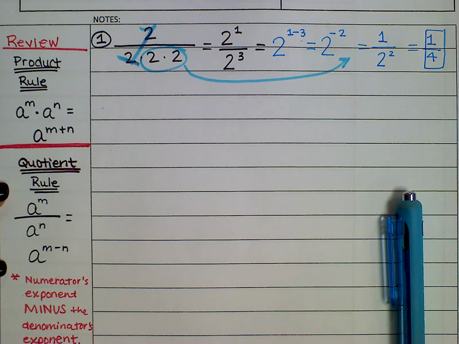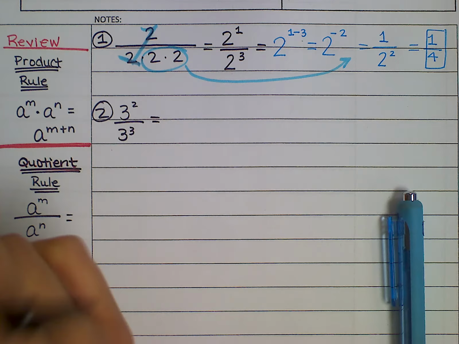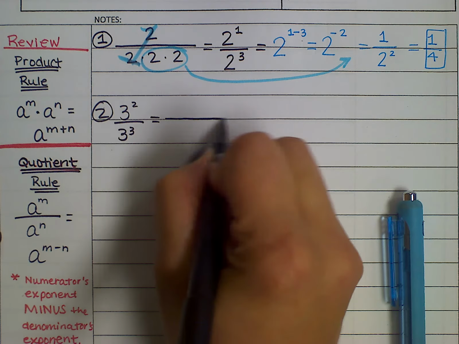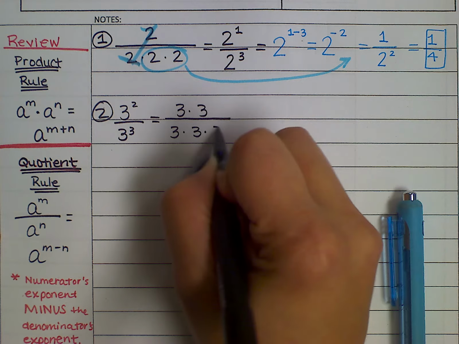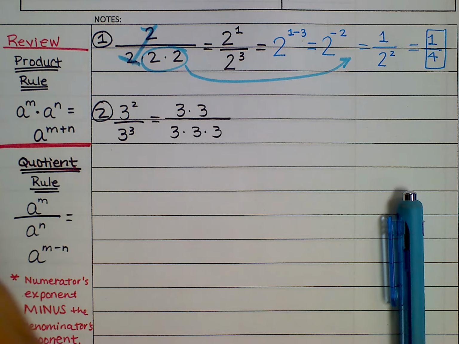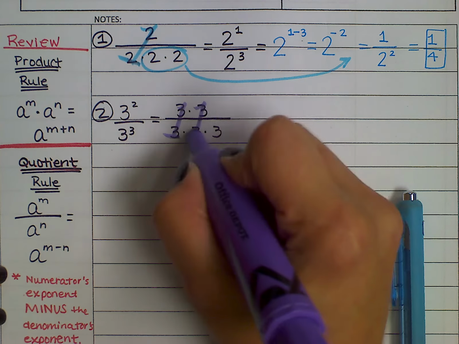So example 2, 3 squared over 3 cubed. Now, a lot of us went ahead and expanded our numerator and our denominator, and of course began to reduce to 1, like 3 over 3 and 3 over 3.